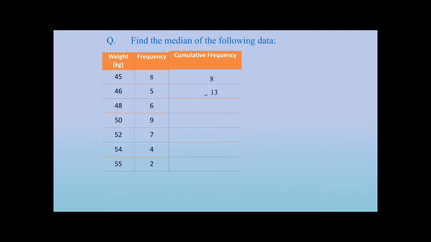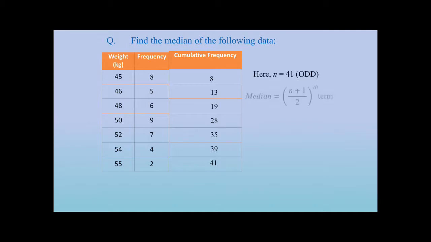Similarly, adding 6 to 13, we get 19, which means from the 14th observation till the 19th observation, the data will be 48. And similarly, it goes for the remaining data. So at last we get 41, that is the total number of observations given in the data, which is odd.